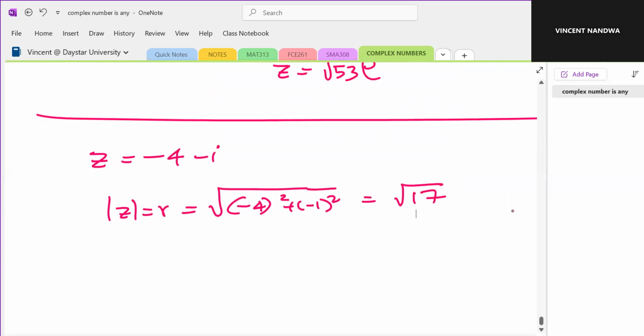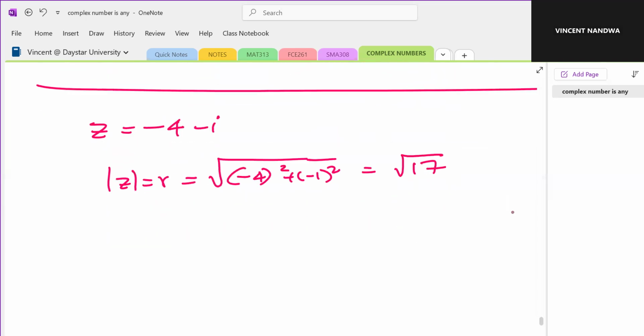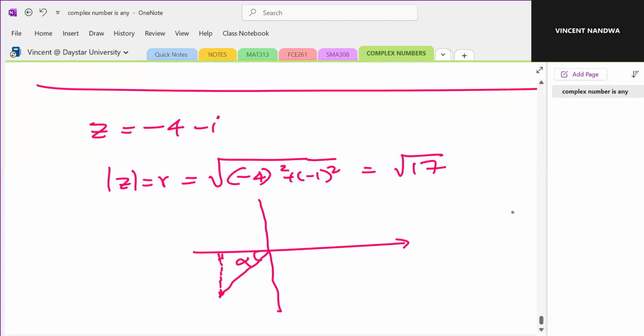Then the argument cannot be found before sketching the complex number in the Argand diagram to know how you're going to interpret it. So minus minus means that this number is in this quadrant. Then you define this angle as alpha. Along the x will be 4 units, along the y will be 1 unit, or parallel to the vertical axis. So tan alpha is opposite, 1 unit, over adjacent, which is 4 units.